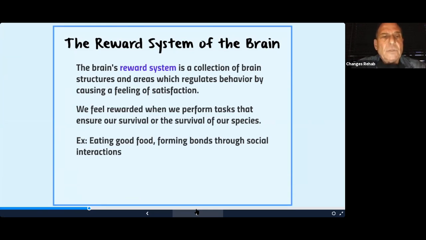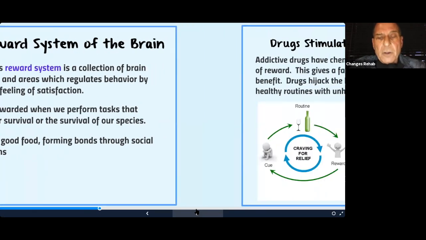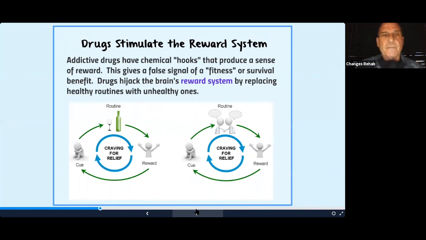Okay. The reward system of the brain is a collection of brain structures and areas which regulates behavior by causing a feeling of satisfaction. We feel rewarded when we perform tasks that ensure our survival or the survival of our species. Examples are eating good food and forming bonds through social interactions.